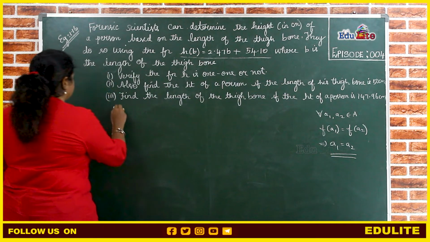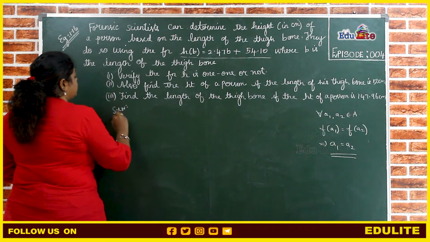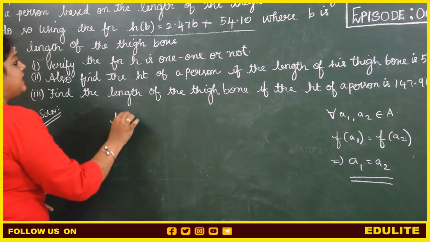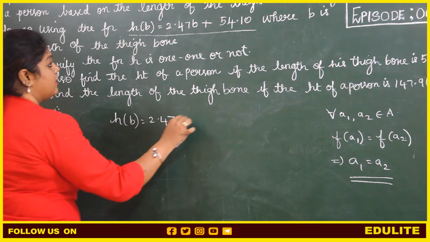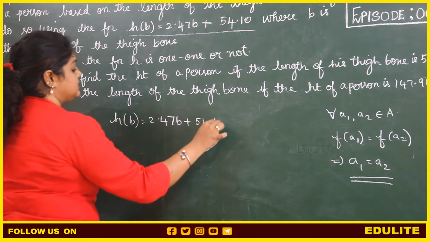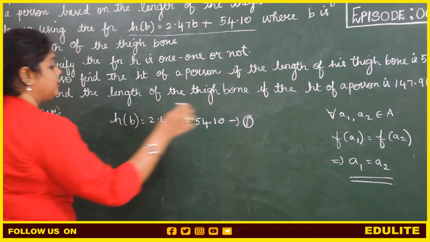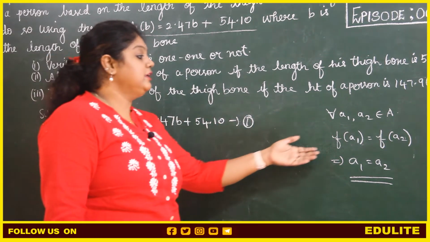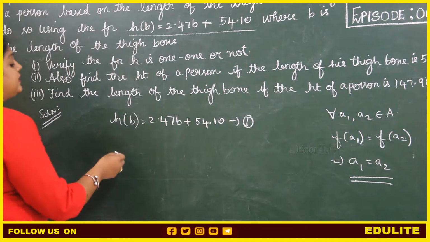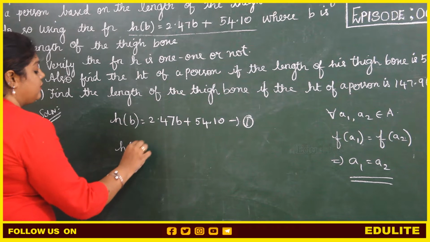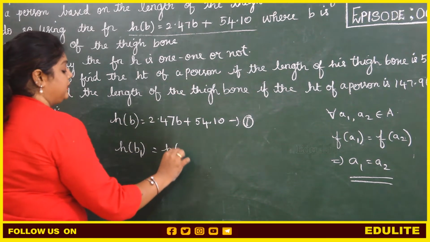How to use that? h of b is given as 2.47b plus 54.10. We will consider this as equation 1, and as I told you, we will use this definition to find whether h is one-to-one or not, which means we will take h of b1 equal to h of b2.